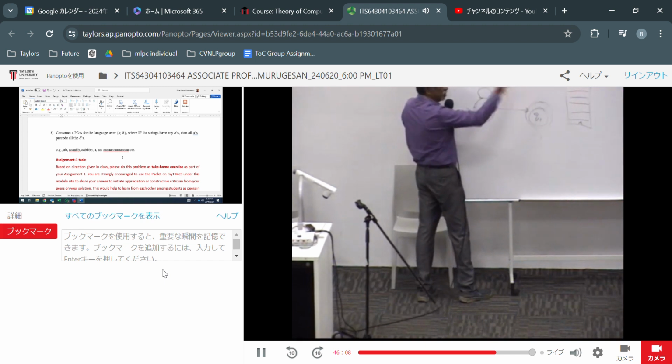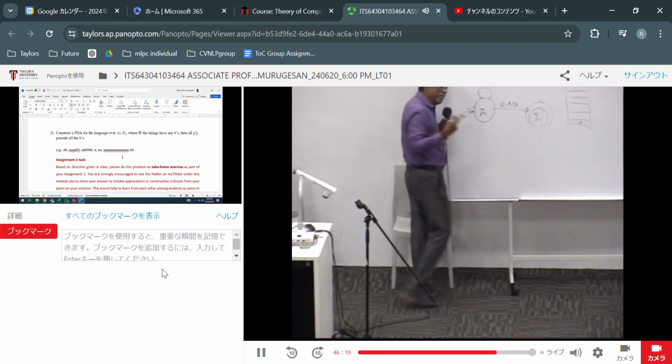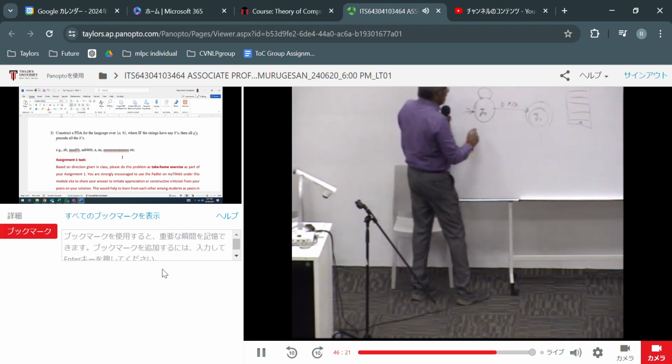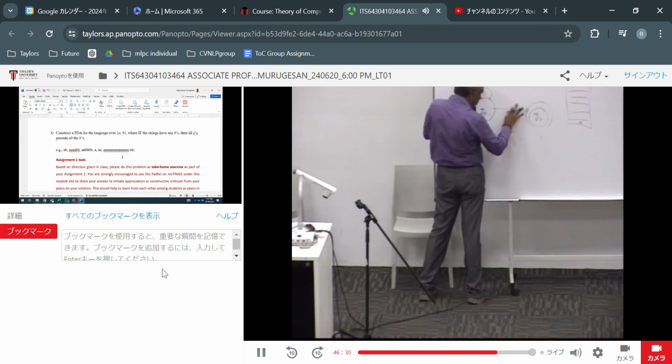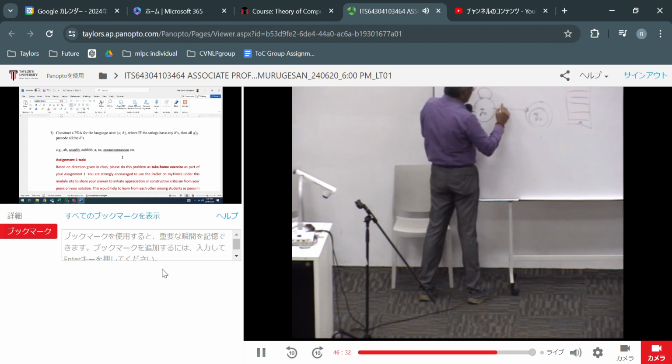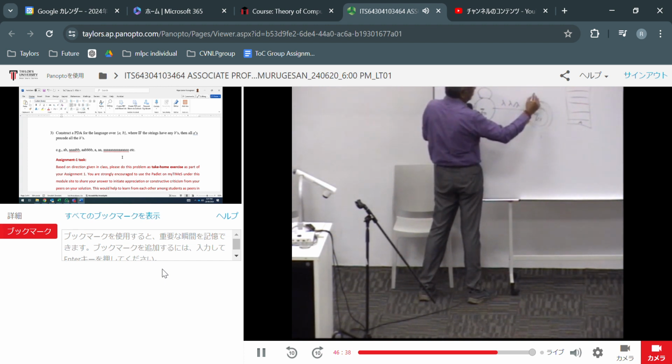B means I am just going to pop the A. If I do it here, B means pop the A, it may be dangerous because I can directly go to B, but B says pop A, it won't work. To be safer, I do a lambda transition.